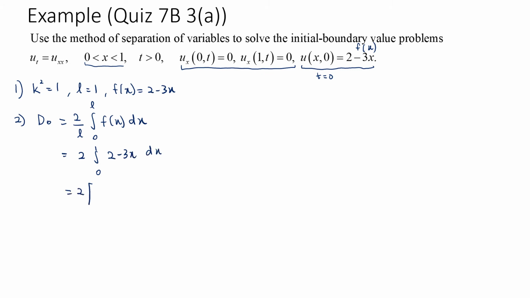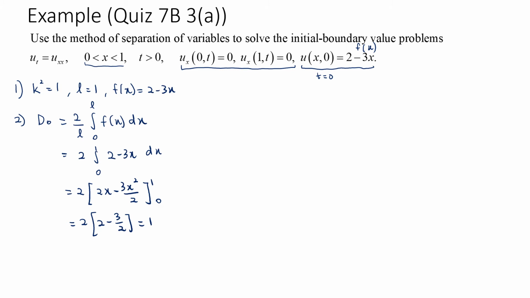Then we can solve this integration. We get 2x minus 3x squared over 2, from 0 to 1, and we will have 2 times 2 minus 3 over 2, which equals 1. So this is the value of d naught.